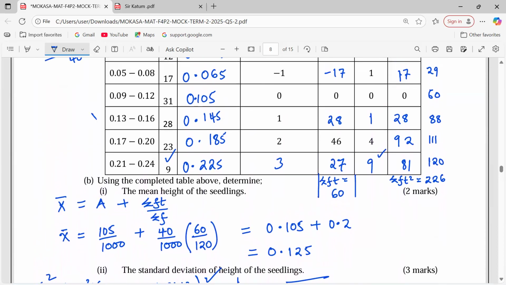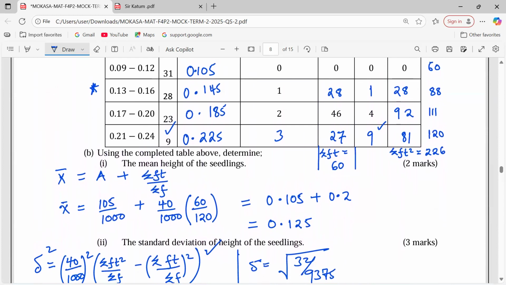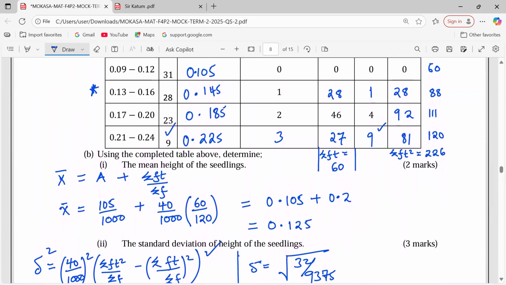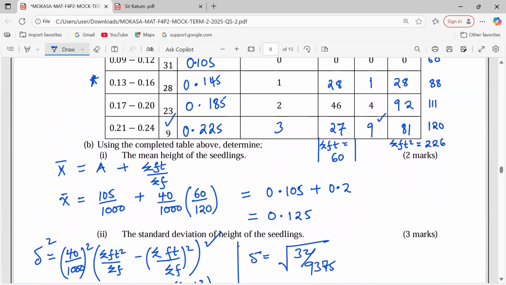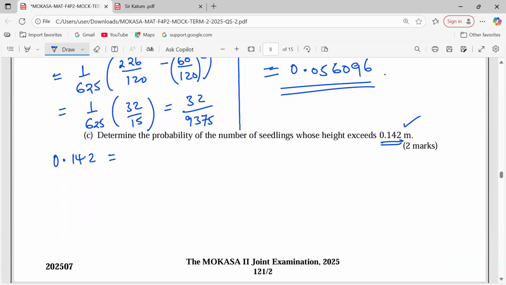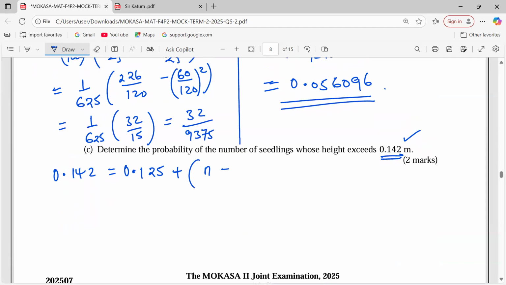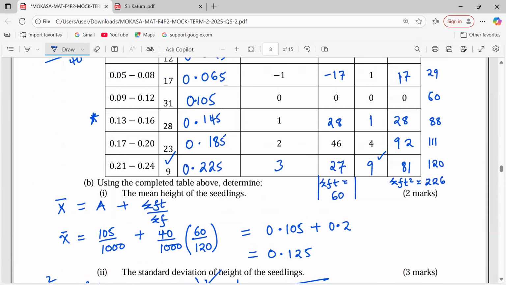142 shall lie here. So this is the class we want. What is the lower boundary in that class? The lower boundary shall be 0.125. Lower boundary 0.125 plus, we can have a known number n minus the cumulative frequency before this class.